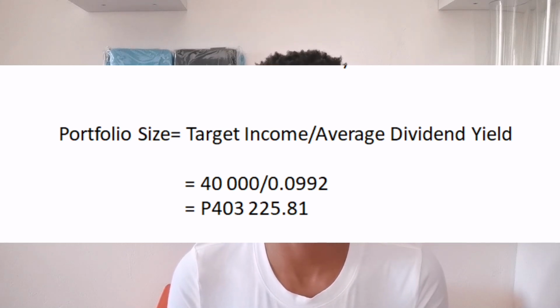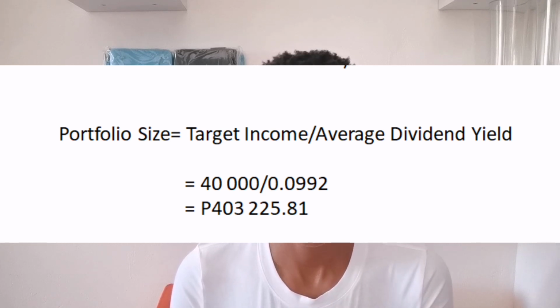Remember, dividend yield is expressed as a percentage. So we are going to say 40,000 divided by 0.0992 to get our target portfolio size.